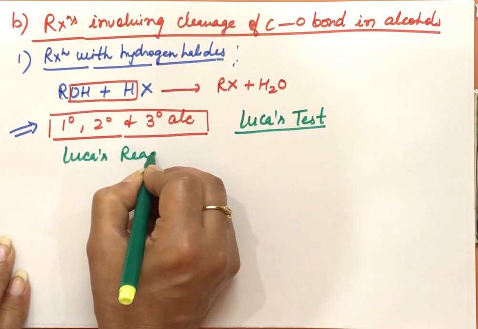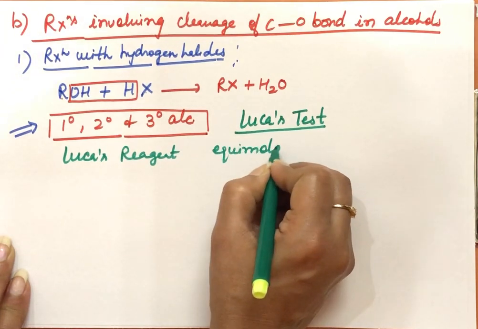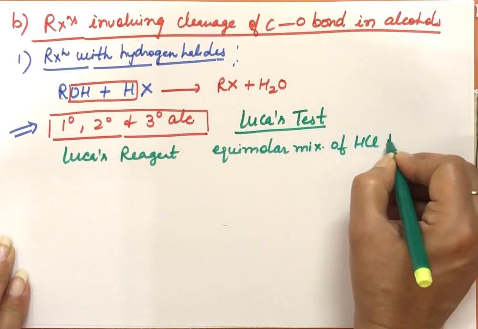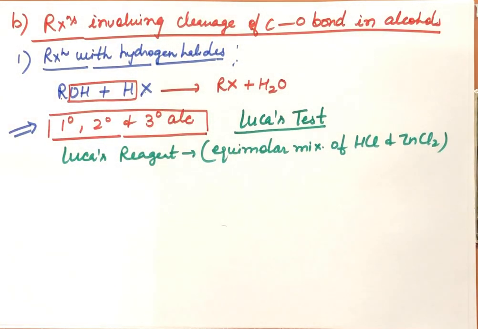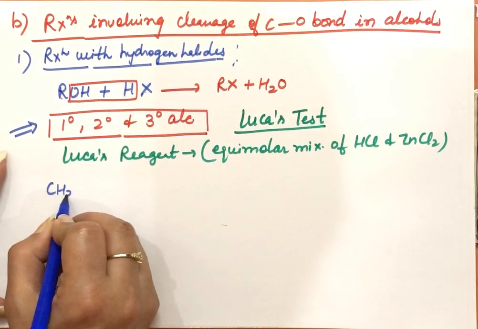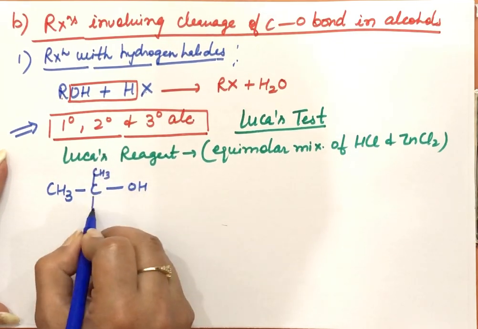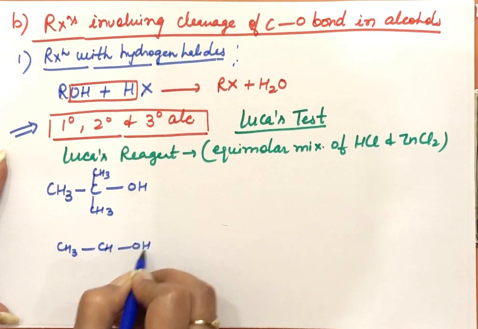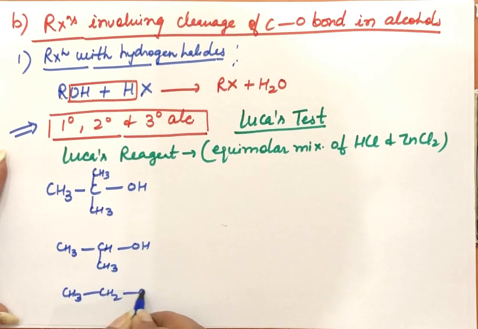And what is this Lucas reagent? An equimolar mixture of HCl and zinc chloride. This mixture is known as Lucas reagent. So we will add this Lucas reagent to the three types of alcohols: tertiary, secondary and primary alcohol.